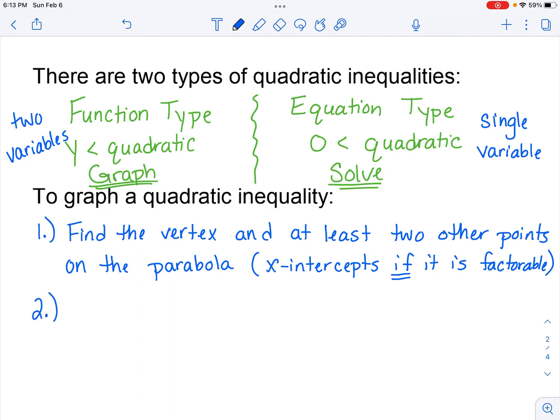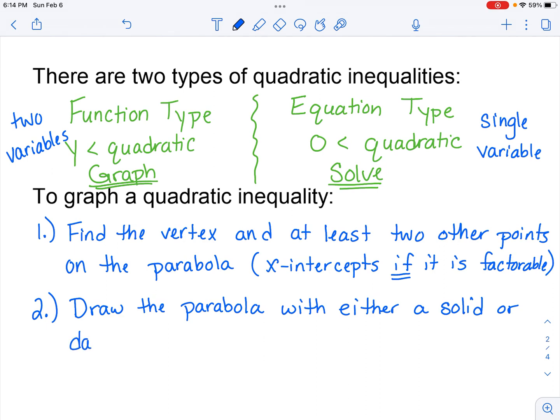So then we are going to draw the parabola, or sketch the parabola. But because it's an inequality, we need to pay attention to whether it is a solid or dashed line. Okay. We do a solid line if it's less than or equal to, greater than or equal to.